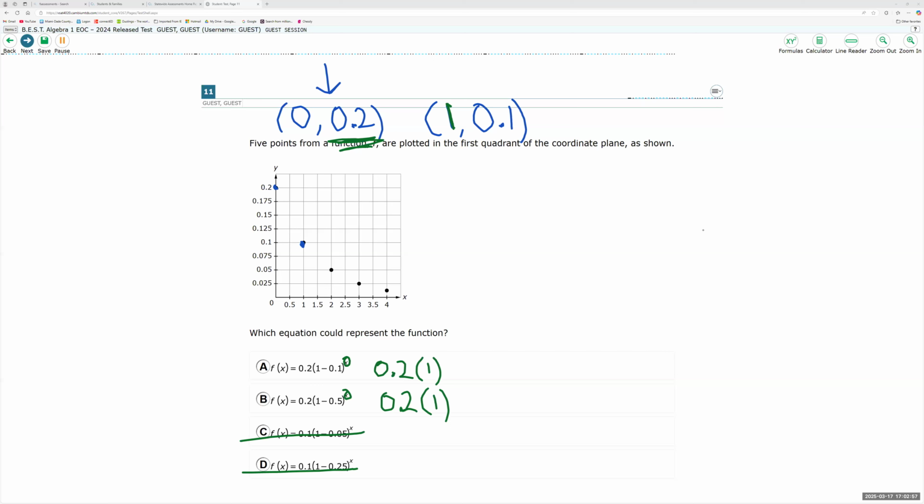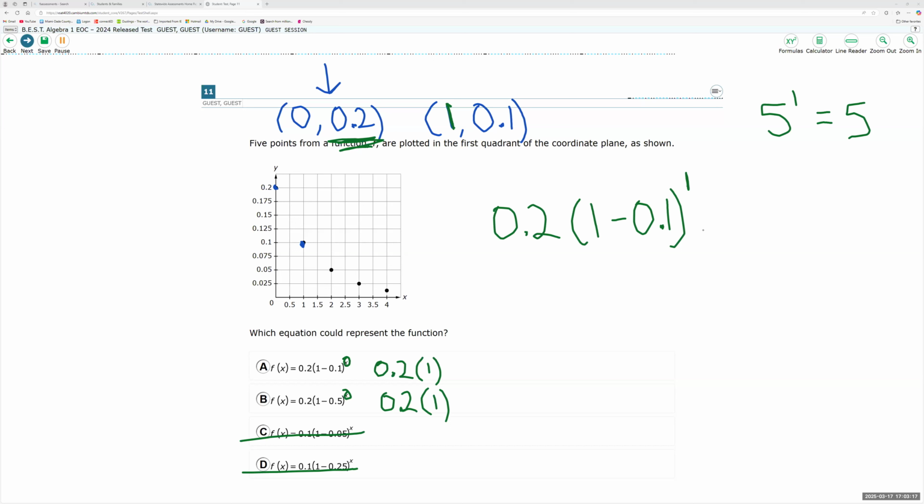So for A, I get 0.2 times 1 minus 0.1 to the power of 1. And we know that everything to the power of 1 is the same. So, great.